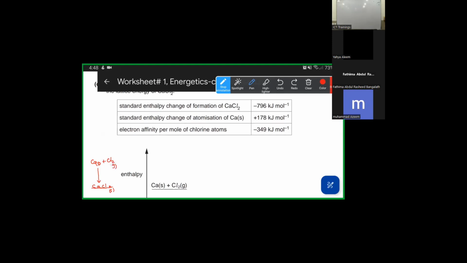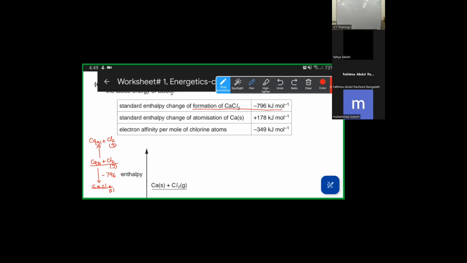So this is the balanced equation, okay? The formation value is given up here. This is minus 796. This is the formation. Now you have the two elements, calcium and chlorine, so you should change them into gaseous state. First of all, what should we do? We should change calcium solid into calcium gas and write Cl2 gas as it is.